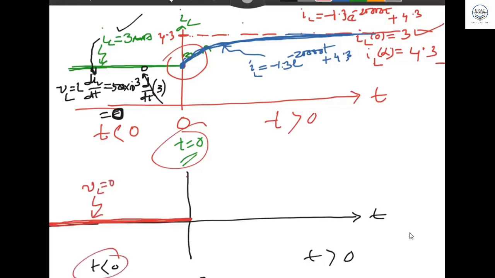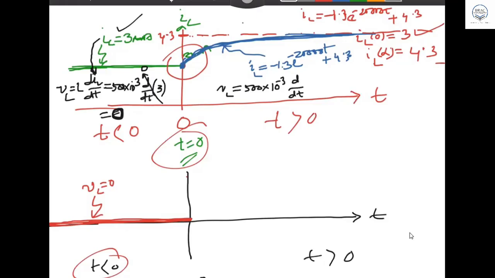So on the left hand side you can draw VL up to this way. And now you go to the right hand side, for t more than 0. Again, you have to use the same formula. VL equals L di/dt, where L is 500 millihenry, 500 into 10 to the power minus 3, and d/dt of IL.